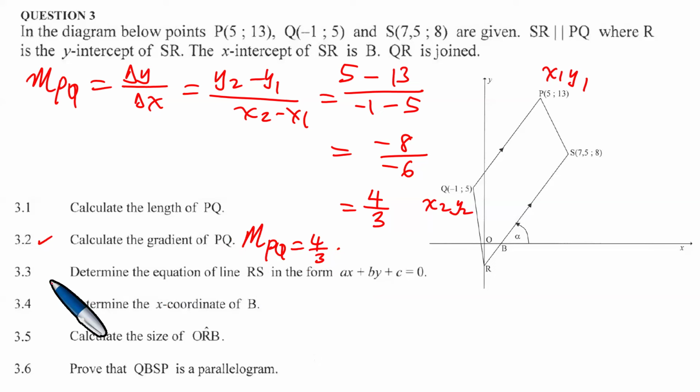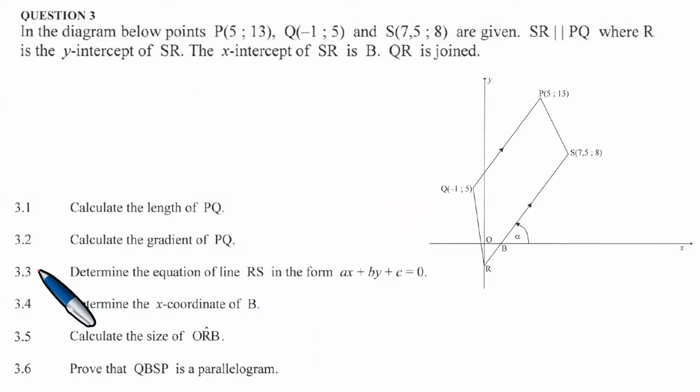Next question: determine the equation of line RS in the form ax plus by plus c equals 0. That is question 3.3. We want to find the equation of the line RS. How can we find it?